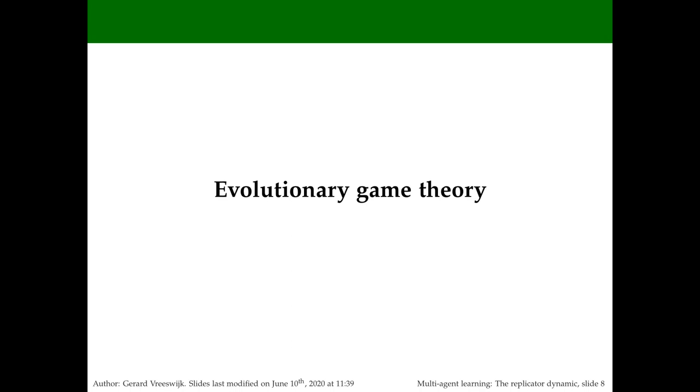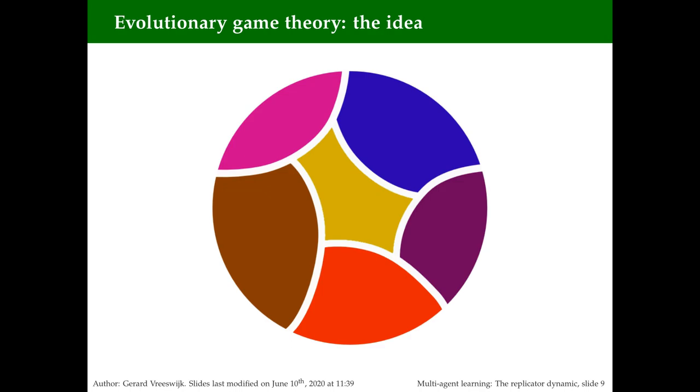So now I'll move on to evolutionary game theory. The idea of evolutionary game theory, I already explained in the slides on the bachelor programming assignment, is that you have a finite number of species. Here we have 1, 2, 3, 4, 5, 6, 7, 6 species, and of each species there are infinitesimally many individuals, and each of these individuals has a probability to compete against one of the others.